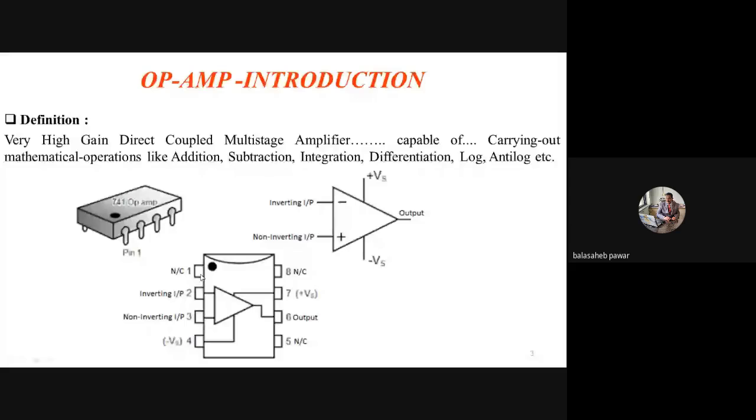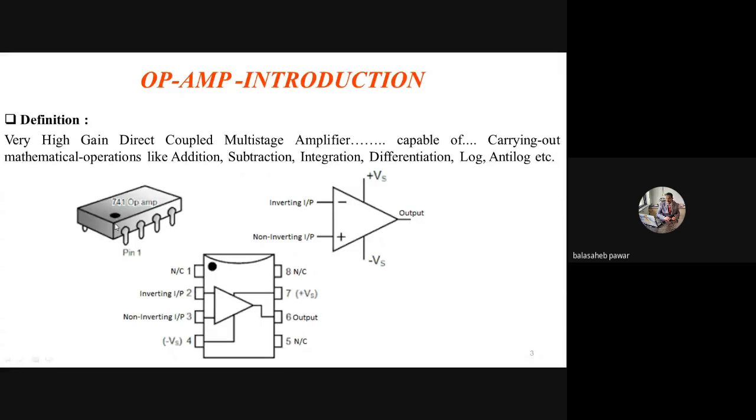See, before going to that, are you familiar from which terminal we should call it pin number 1? Are you capable to identify those pin numbers? Yes or no? Just let me know. It's okay.